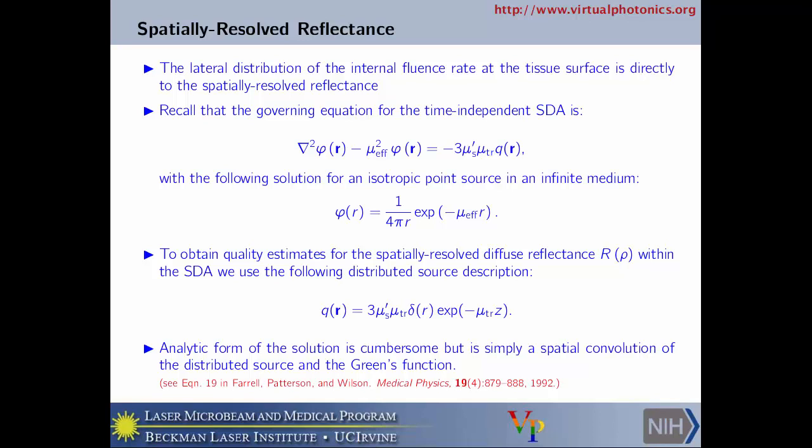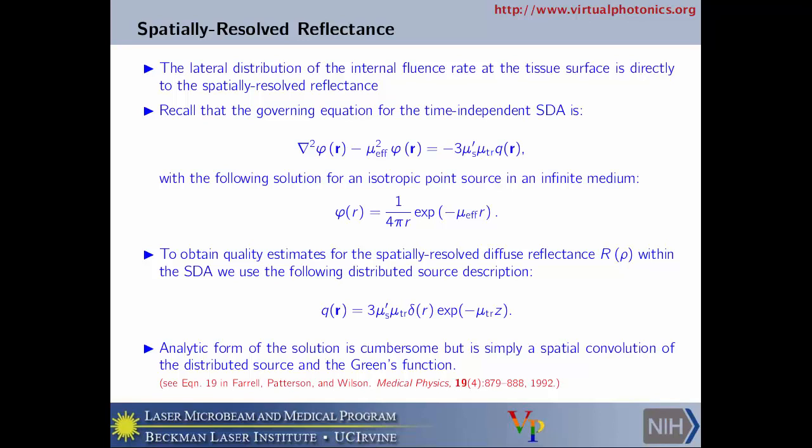Okay. So let's look at what happens when you look at spatially resolved reflectance. I mentioned that we have a common solution to this for a point source in the steady state domain. We can essentially reduce the governing equation to this equation in the case of steady state for a point source that can be spatially distributed like a collimated beam, because we have collimated beams to illuminate the sample for spatially resolved reflectance, and we allow a spatial decay in depth of this collimated beam according to essentially the transport mean free path.